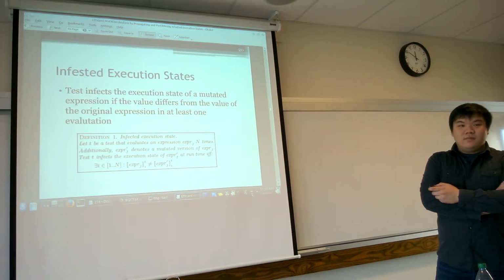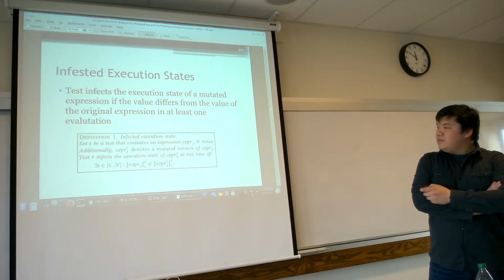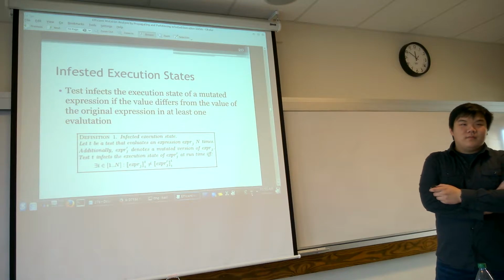Okay. This basically says that if the expression you're executing in a test suite, and the mutated expression, if at any point they're not equal, that's what you call it. Okay, and you said at any point for a certain reason, right?